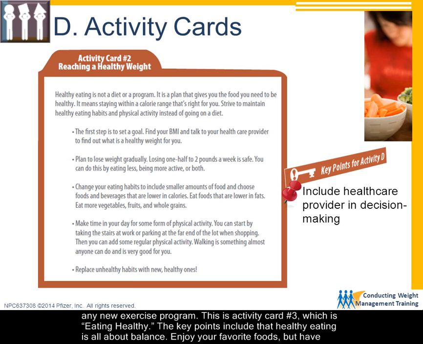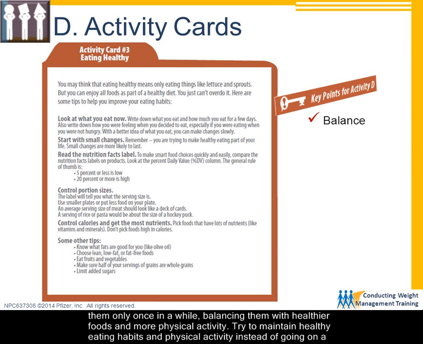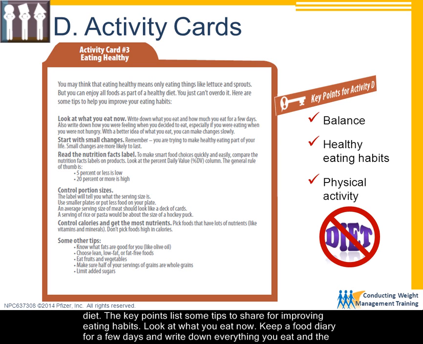This is activity card number 3, which is eating healthy. The key points include that healthy eating is all about balance. Enjoy your favorite foods, but have them only once in a while, balancing them with healthier foods and more physical activity. Try to maintain healthy eating habits and physical activity instead of going on a diet.